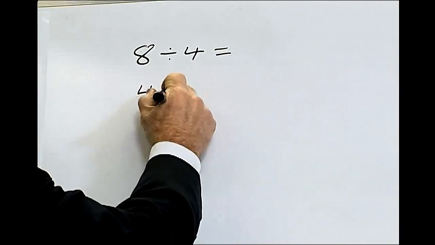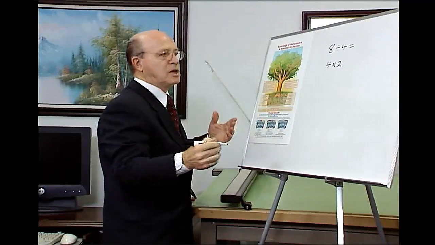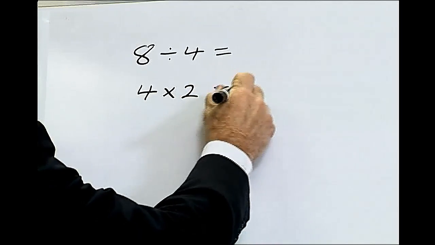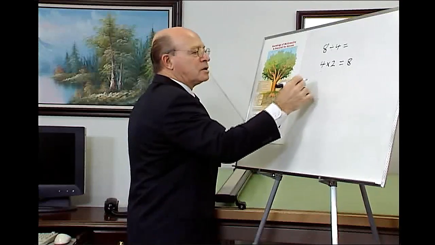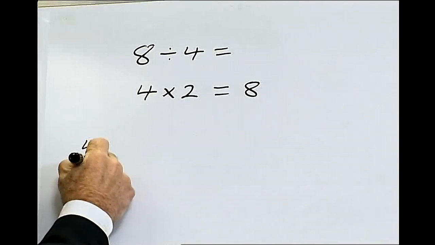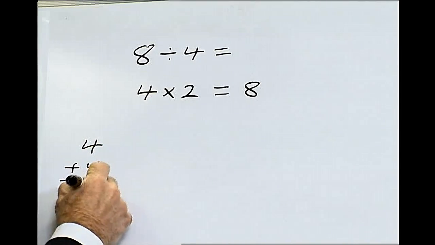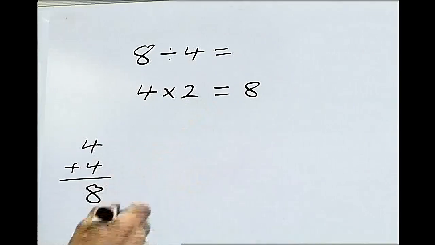4 times 2, and multiplication is a repeated addition of the same number, equals 8. In other words, how many 4s will equal 8? So we'll have 4 plus 4 equals 8. So 2 4s equal 8.